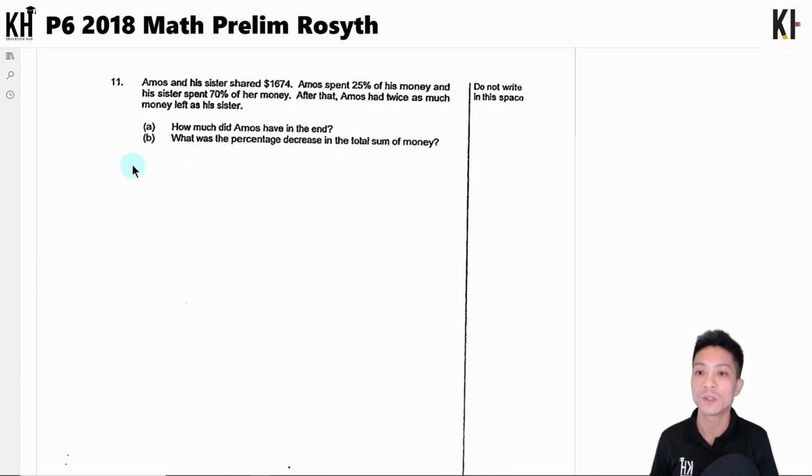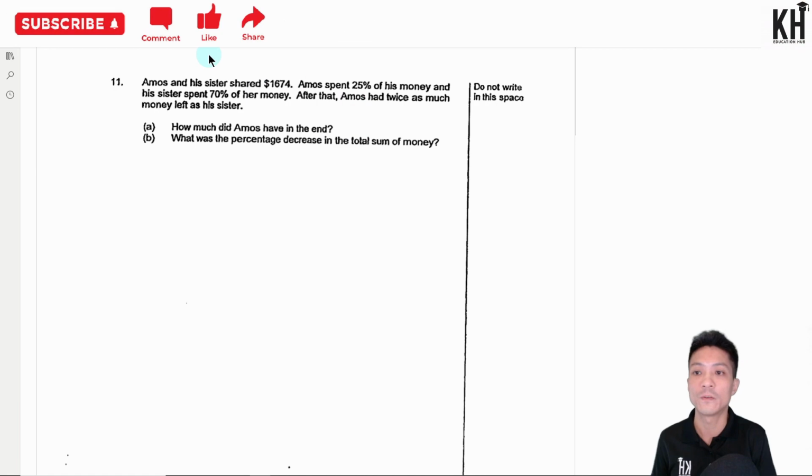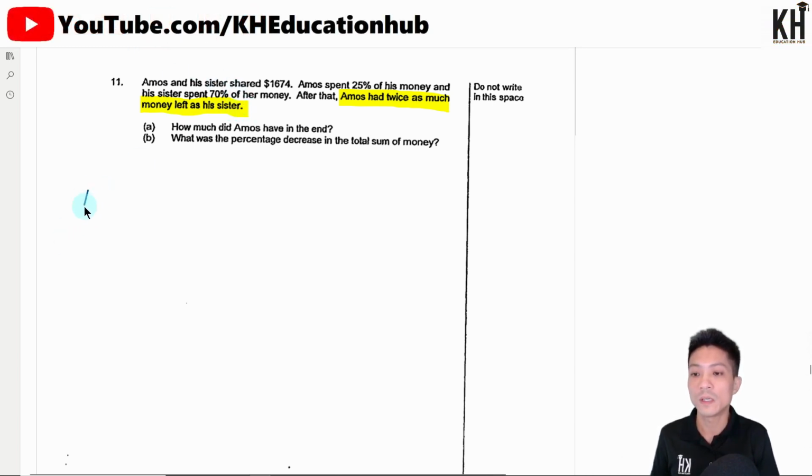So I'm going to start drawing from this part over here, where it says that Amos had twice as much money left as the sister. Okay, so Amos will have 2 bars, and the sister will have 1 bar.